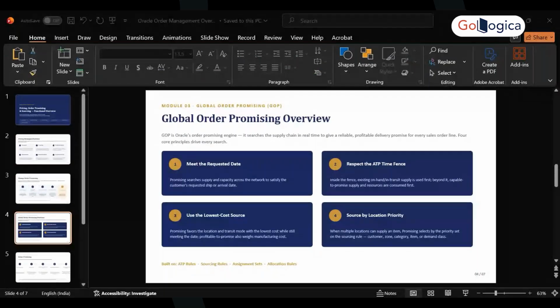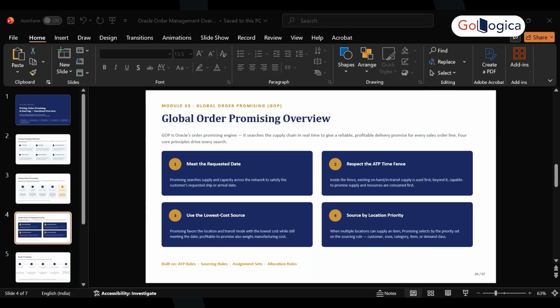So Oracle Global Order Promising performs this validation in real time by analyzing the inventory availability, incoming supplies, manufacturing capacity, sourcing routes, and transportation options before confirming a promise date. Unlike basic inventory checks, GOP evaluates the complete supply chain before making a commitment to the customer. Now, what is the order processing?